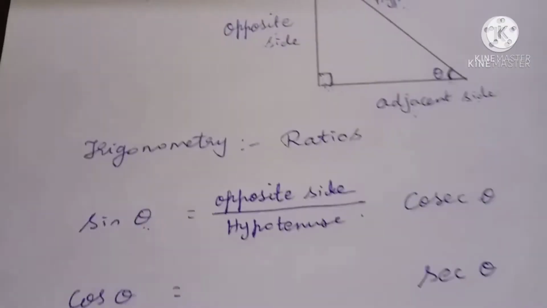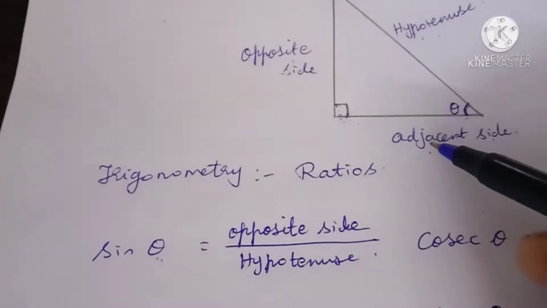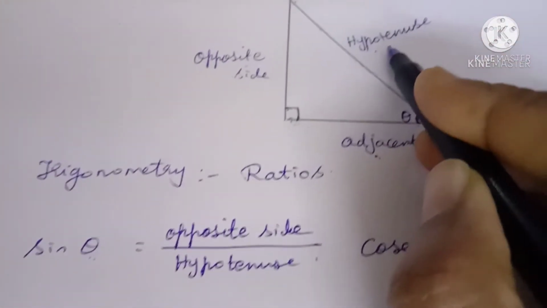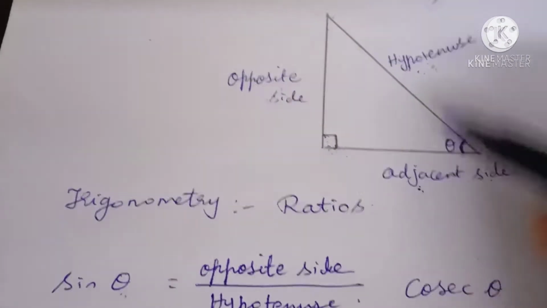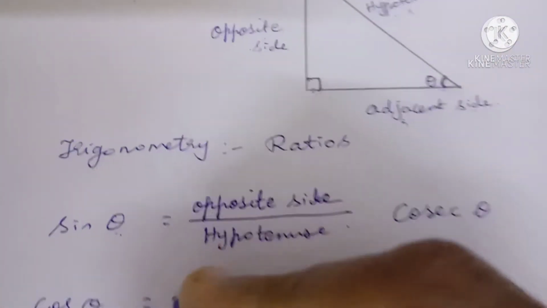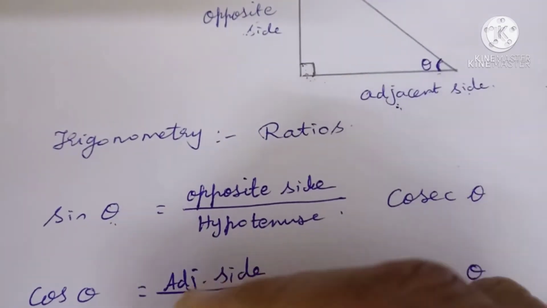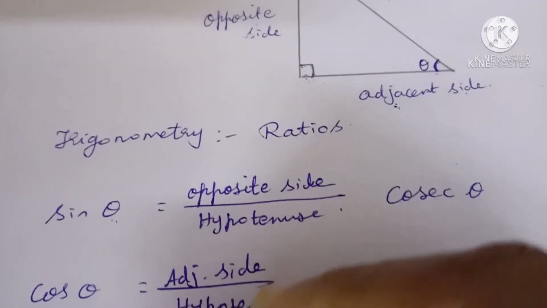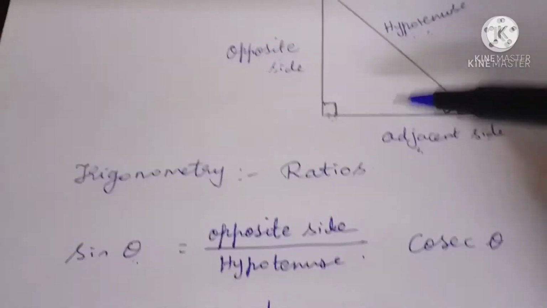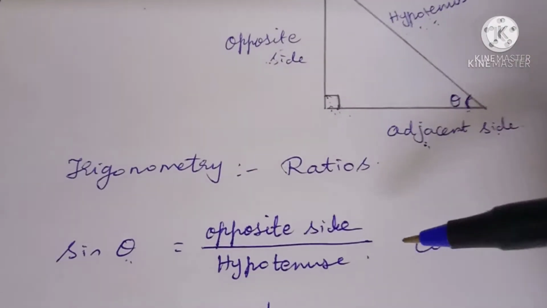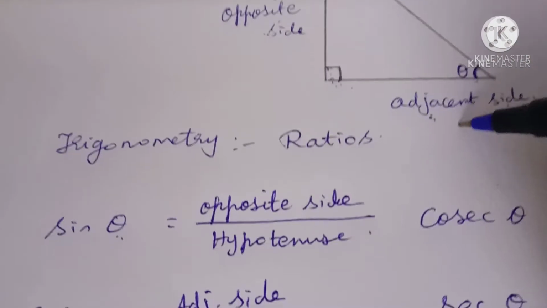Cos theta is adjacent side by hypotenuse. Tan theta is opposite side by adjacent side.